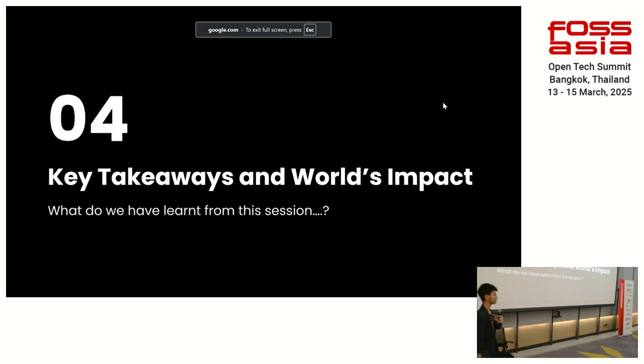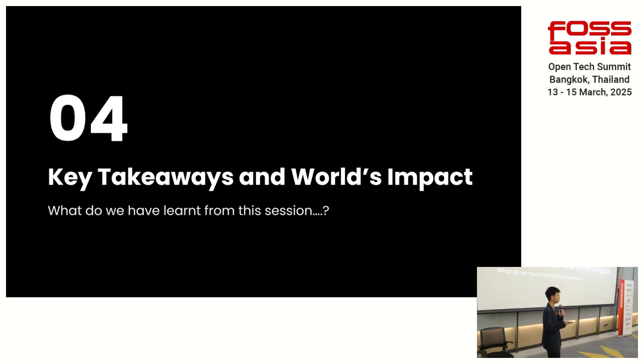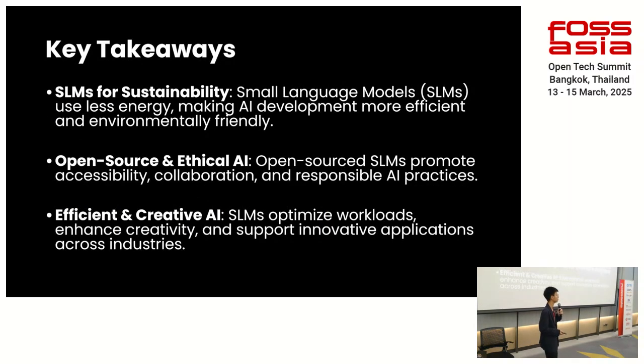There are some key takeaways and also world impacts. So what do we learn from this session so far? We could see that small language models could bring sustainability, using less energy and being more friendly.